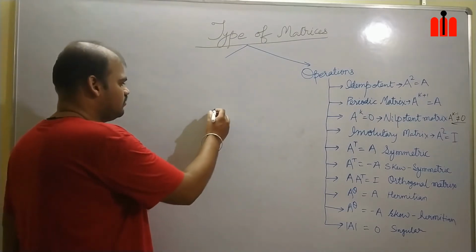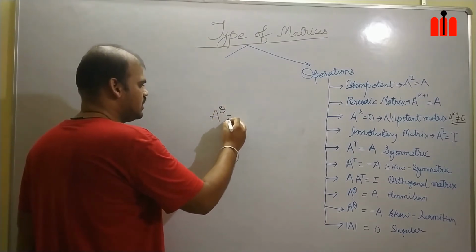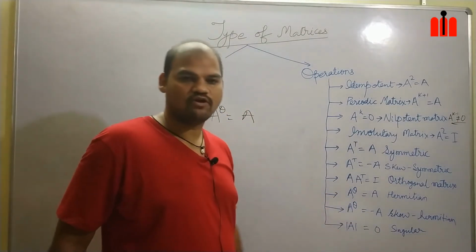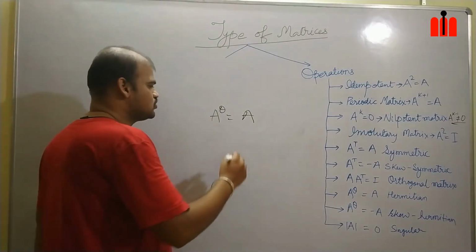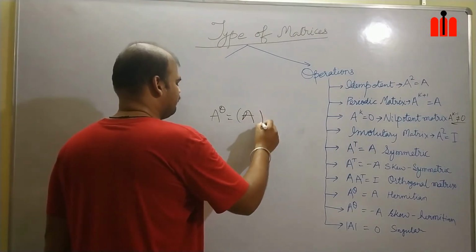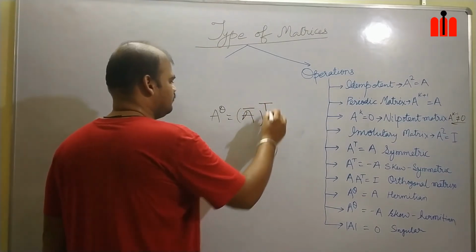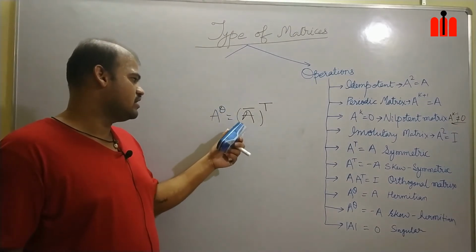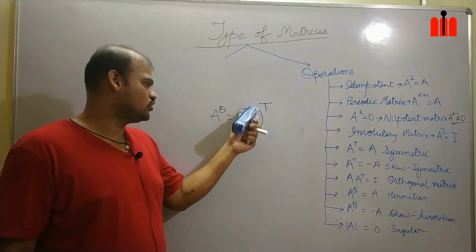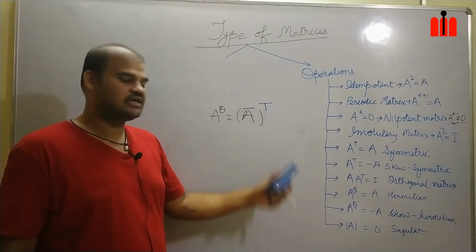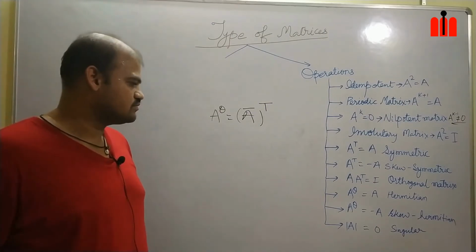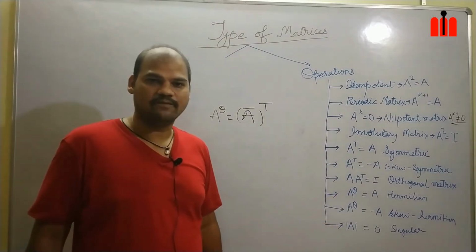First, a Hermitian matrix is always for complex numbers. For complex numbers you can find the conjugate and you can find the transpose. So theta represents the conjugate of a matrix and after that the transpose. We first find the conjugate, and after that we do the transpose. That is known as A theta.